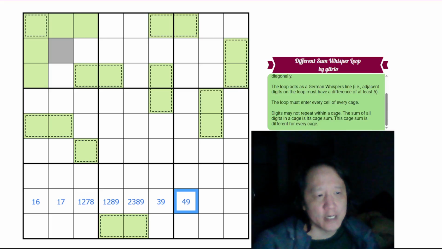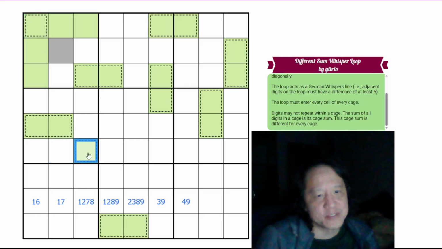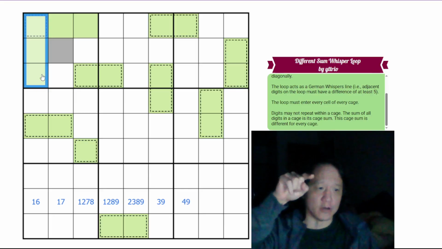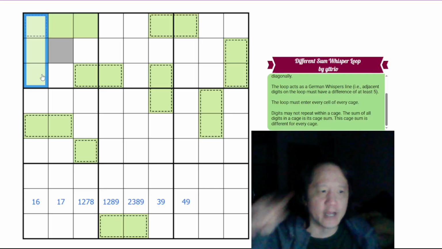You cannot have... So these singleton cells, you have... Say this was high, then this would be low, high, low, high, low, high, low. These are opposite cells. So the thing is, since the loop can only go orthogonally, you cannot go diagonally.